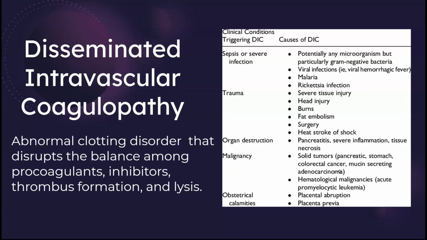So basically what happens is the body starts to bleed. And as it starts to bleed, it starts to try to bring clotting. So as it tries to clot, it runs out of its clotting factors, and then you just bleed. So it starts to throw all these microclots around.